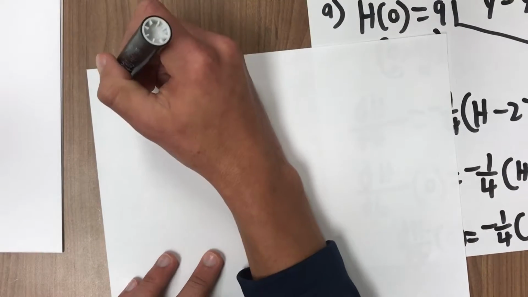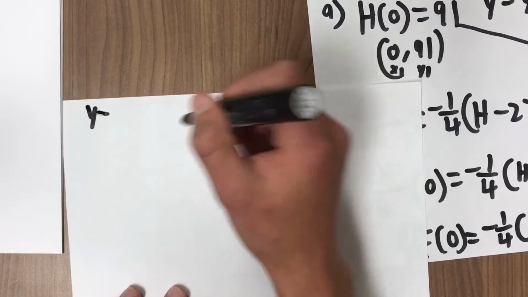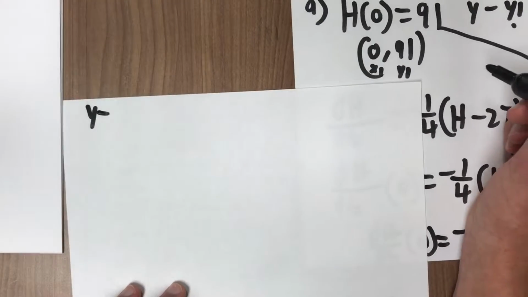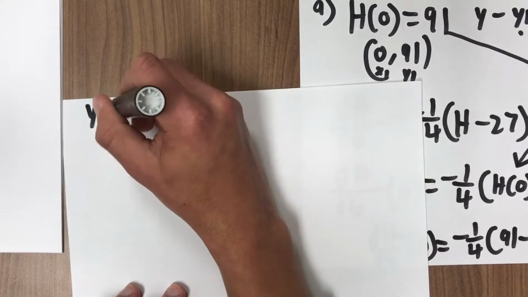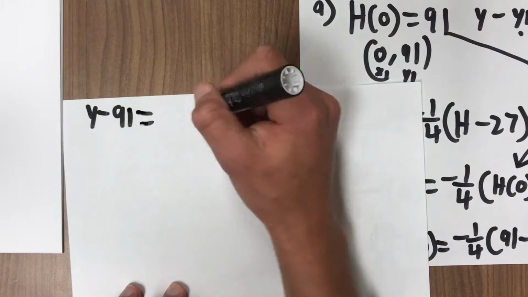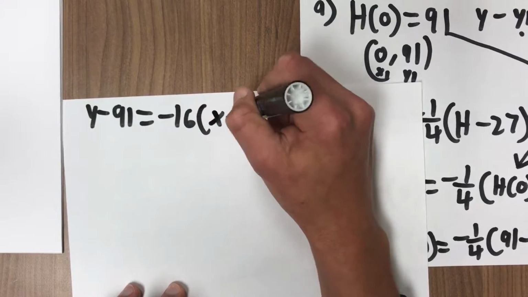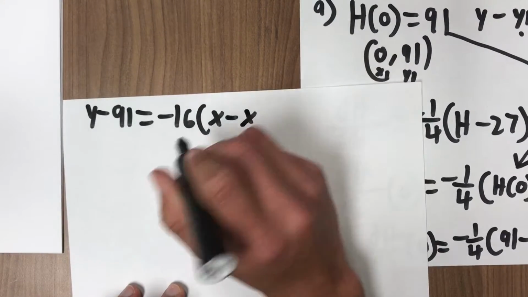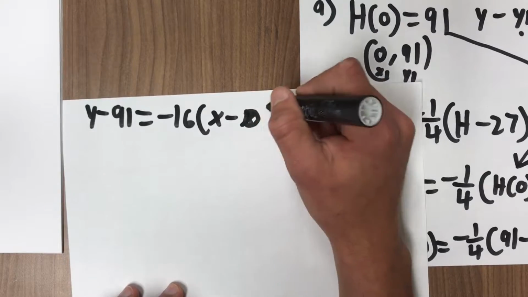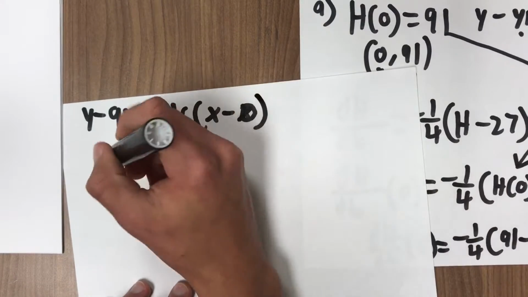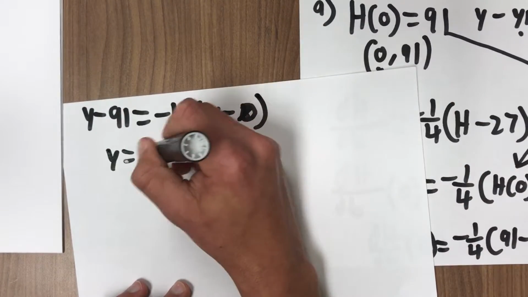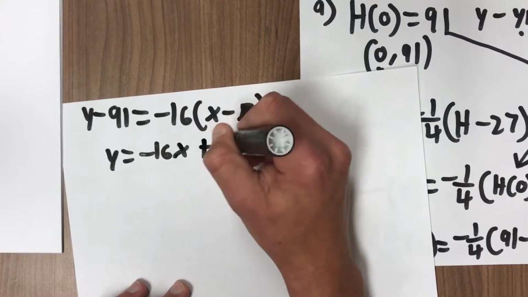So what you're going to do now is take y minus your 91 equal to negative 16 times your x minus x1, which is 0. Sorry about that, guys. And that simplifies down to y equals negative 16x plus 91.